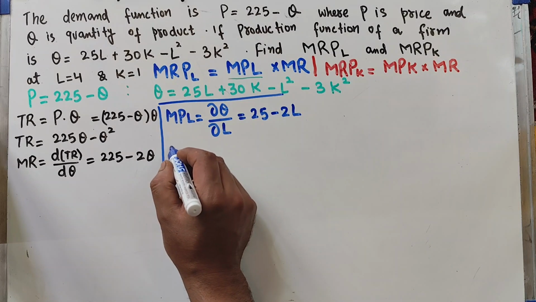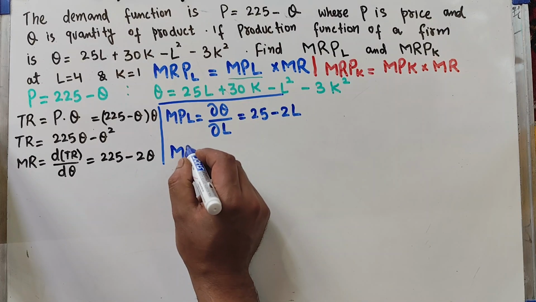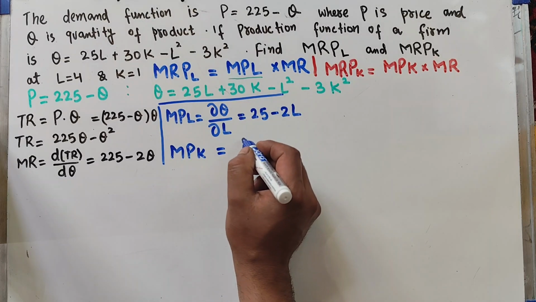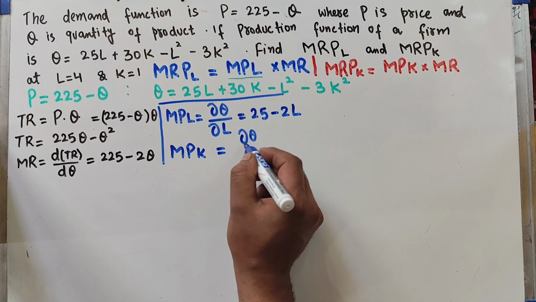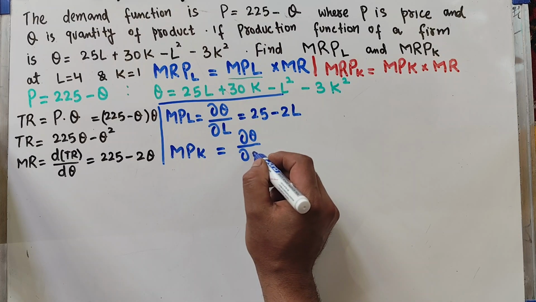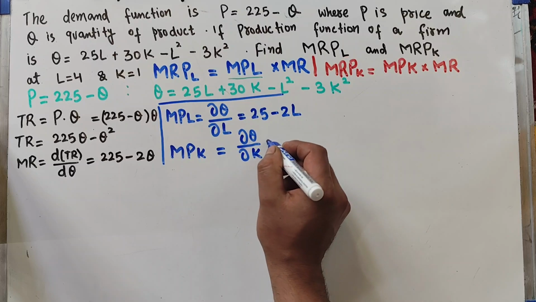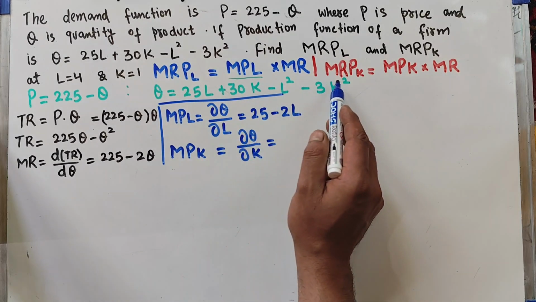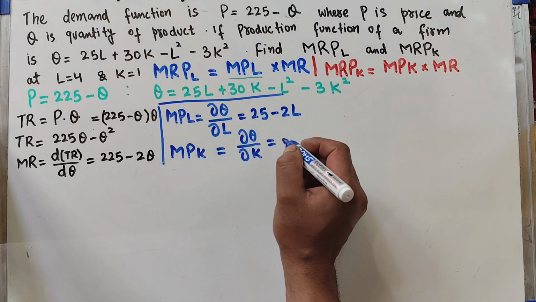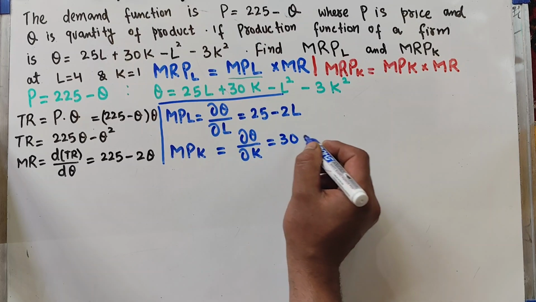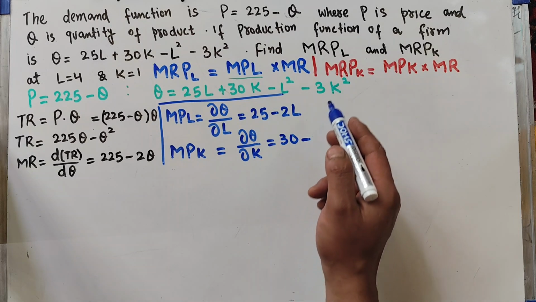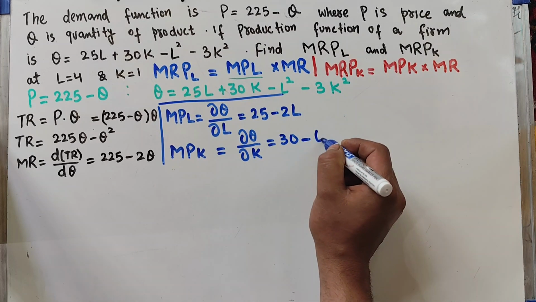And similarly, let us find out the marginal product of capital that we need. That is simply equal to the change in the output due to the change in the units of capital employed, that is del K. So partially differentiating again, but this time with respect to K. So derivative of K in the second term is 1, so we are left with 30, minus derivative of K square in the last term is twice K, so 2 into 3 is 6K.